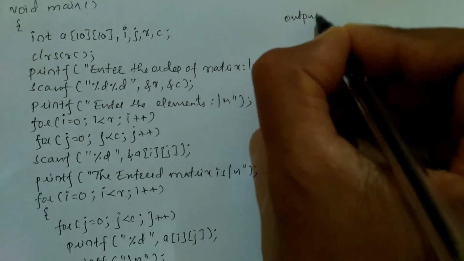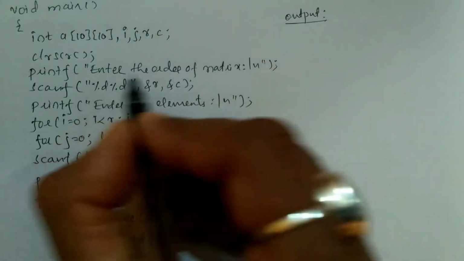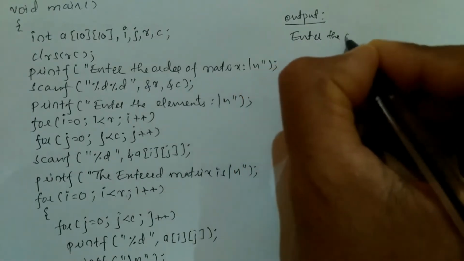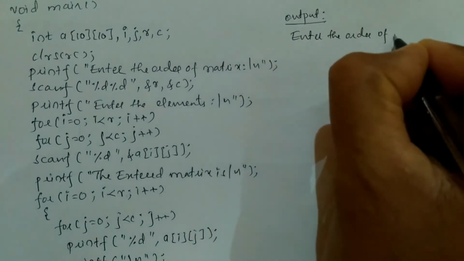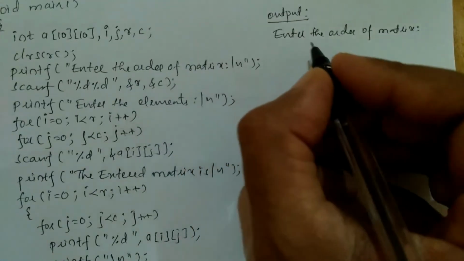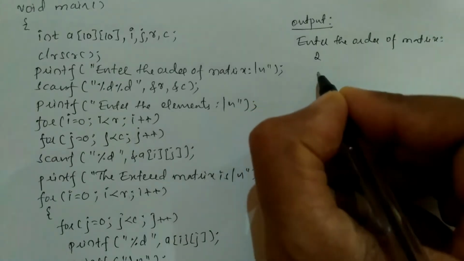Here I'm going to write the output. Once we compile and run this program it will ask the user to enter the order of the matrix. So I'll write the order of matrix. Just because of this \n the cursor will come down to the next line. Here I'm going to enter 2 and 2.